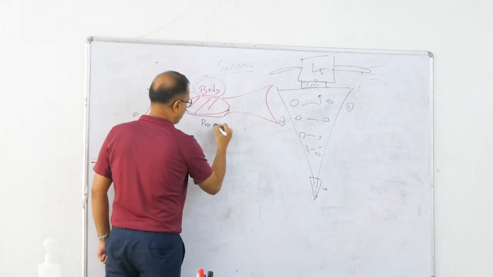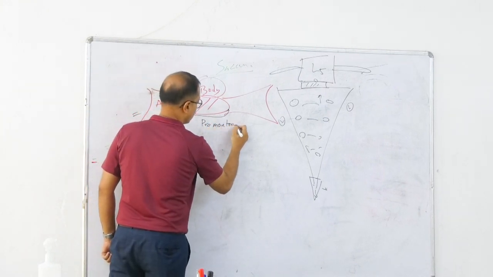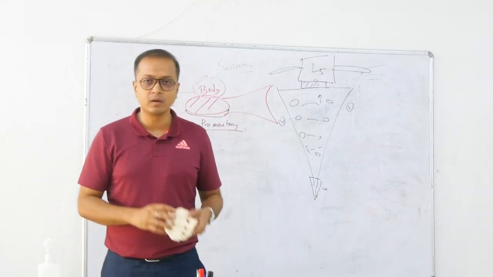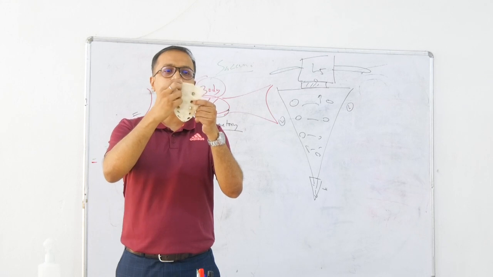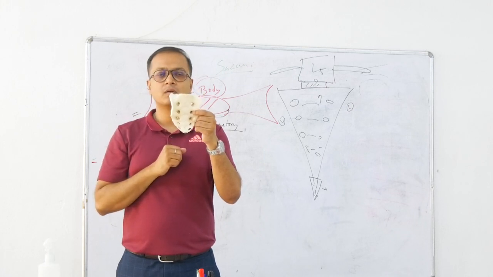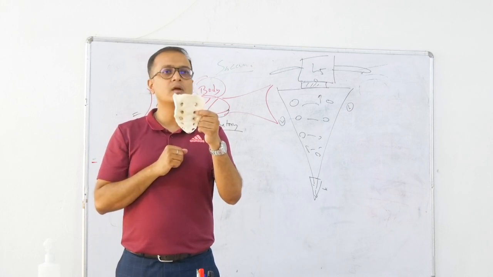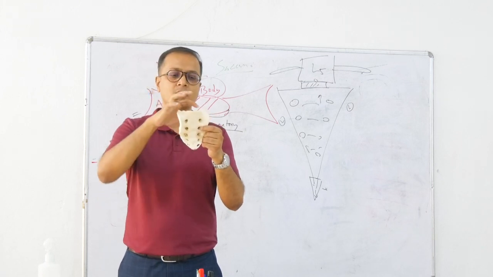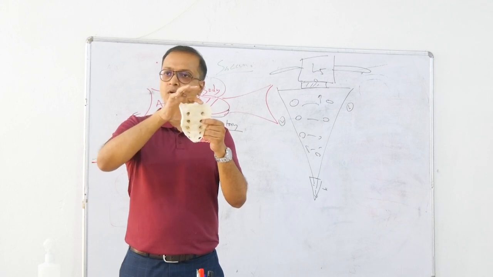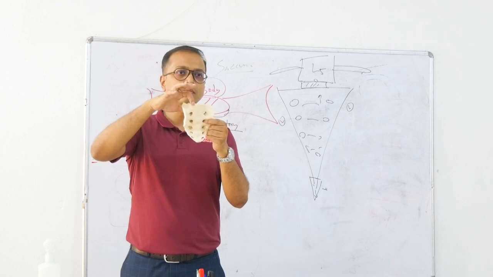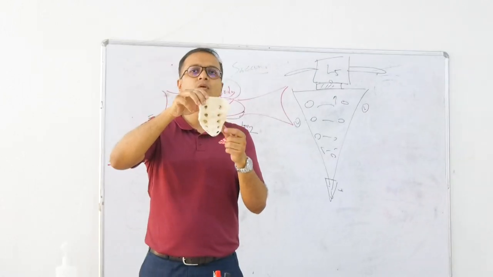We call it the promontory. So this whole thing is the body, and this anterior border we call the promontory.